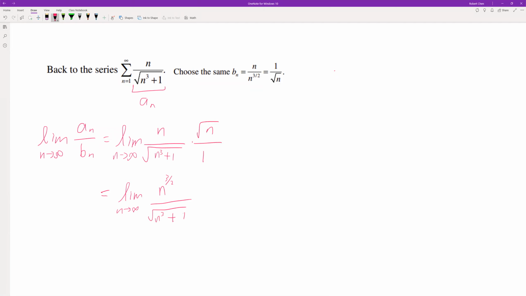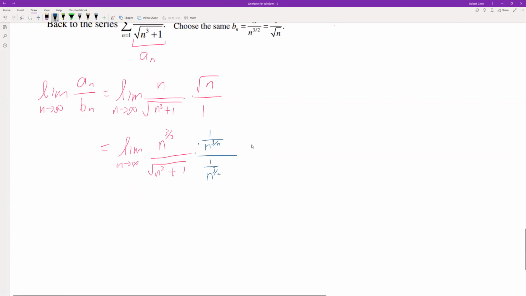All right, and what I'm going to do is use the technique from Calc 1, which is to multiply the top and bottom by 1 over n to the power of 3 over 2. What will happen is that in the numerator, I'll just have a 1.